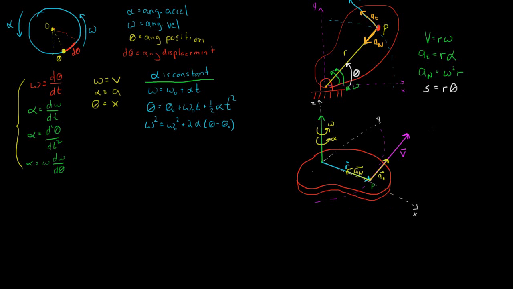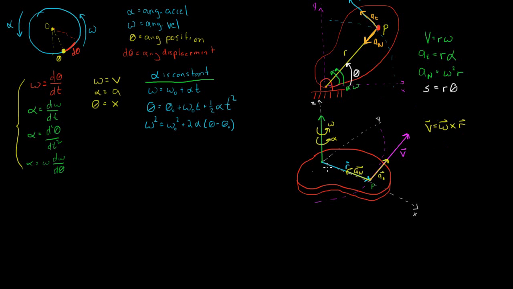So our velocity, our v vector, is going to be equal to the cross product of omega and the position vector, the angular velocity and the position vector. And if we look at this, this makes sense. We know that the cross product of two vectors is going to give us a third vector that is orthogonal to both of those.